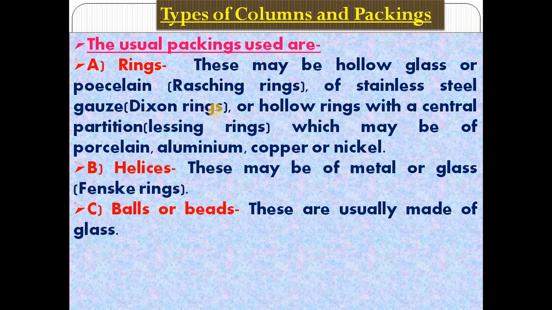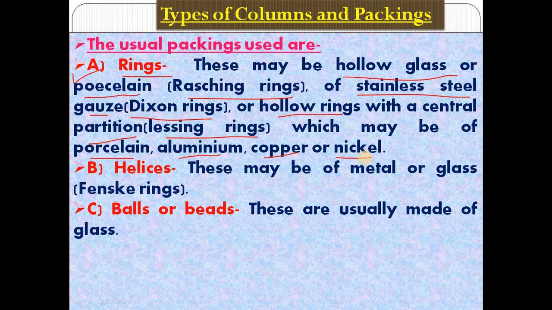Now, types of columns and packings: we will see which types of packings are used to form the column. The first packing material is rings. Rings may be hollow glass or porcelain pieces, that is Raschig rings, stainless steel gauze rings also called Dixon rings, or hollow rings with a central partition, also called Lessing rings, which may be of porcelain, aluminum, copper or nickel.